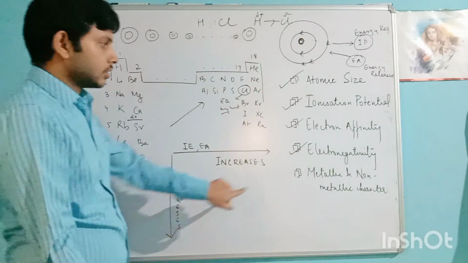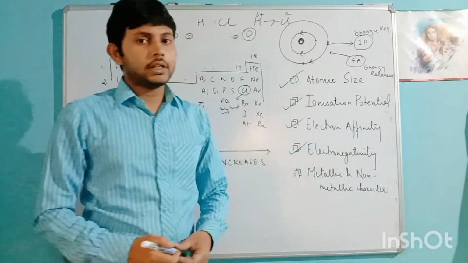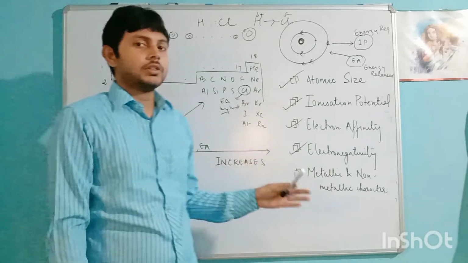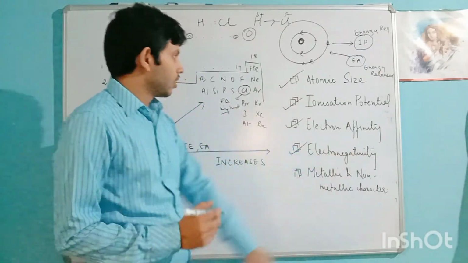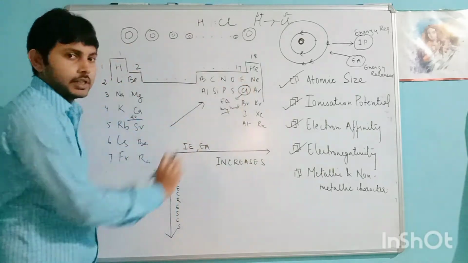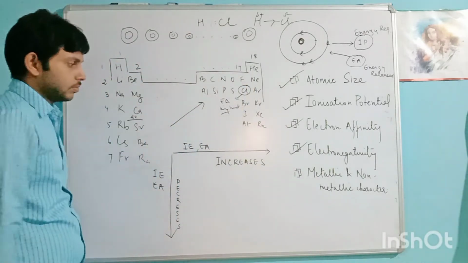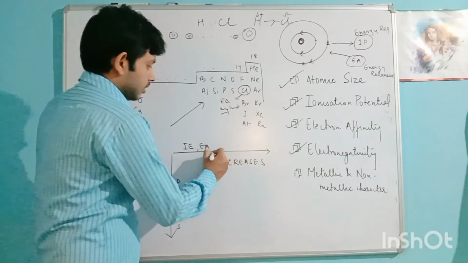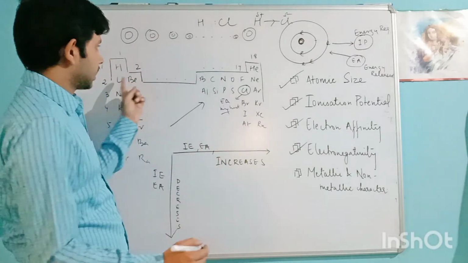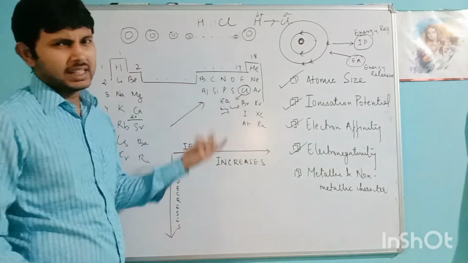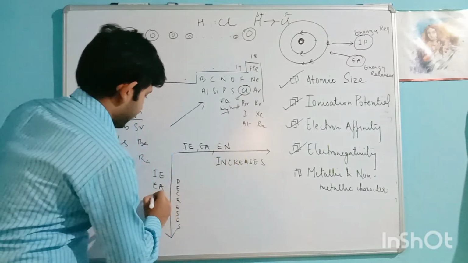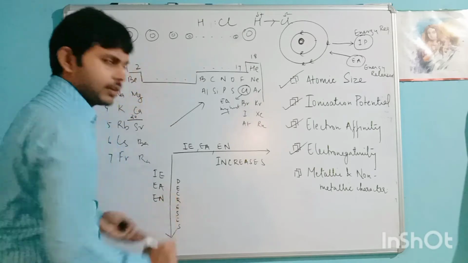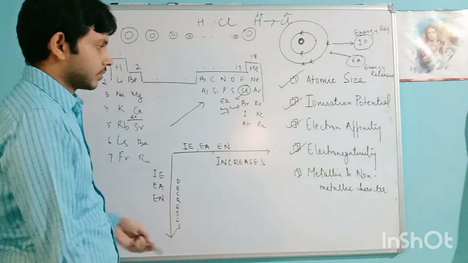Okay, so electronegativity is the property of an atom to attract electrons towards itself. So electronegativity also increases across a period and decreases down the group. Reason the same. What is the reason? Atomic size decreases. You can tell this reason. Number of shells and nuclear charge reason.